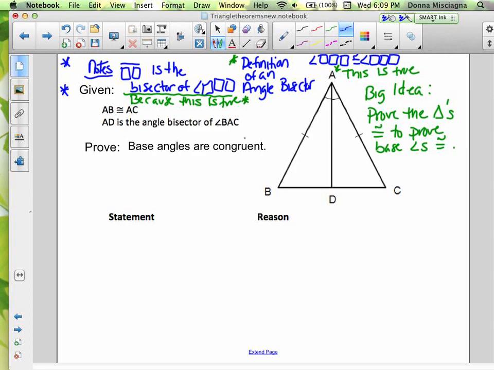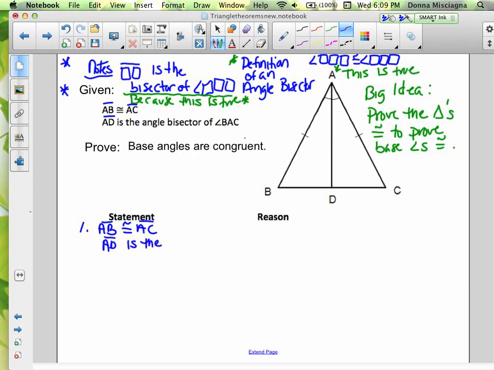and get them right into our proof so we can use them as we need to. All right, so my first statement is that AB is congruent to AC. And these really should have segment lines above them. I just have a little bit of trouble typing them sometimes. So AB is congruent to AC. Would you put that in your notes? Also want you to write that AD is the angle bisector of angle BAC.